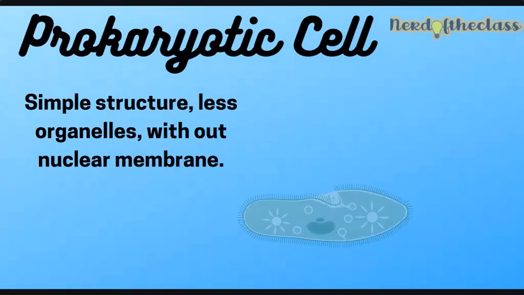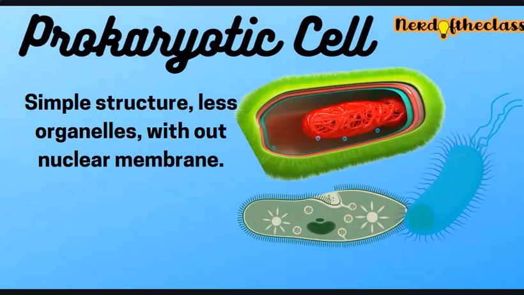So, what is the prokaryotic cell? With that development, we could identify two main groups of cells. The first one was the prokaryotic cells, which have a simpler structure and fewer organelles internally. They have no nuclear membrane. There is actually a polemic with that name, because you say a prokaryotic cell is a cell that has no nucleus, and that's partially incorrect.